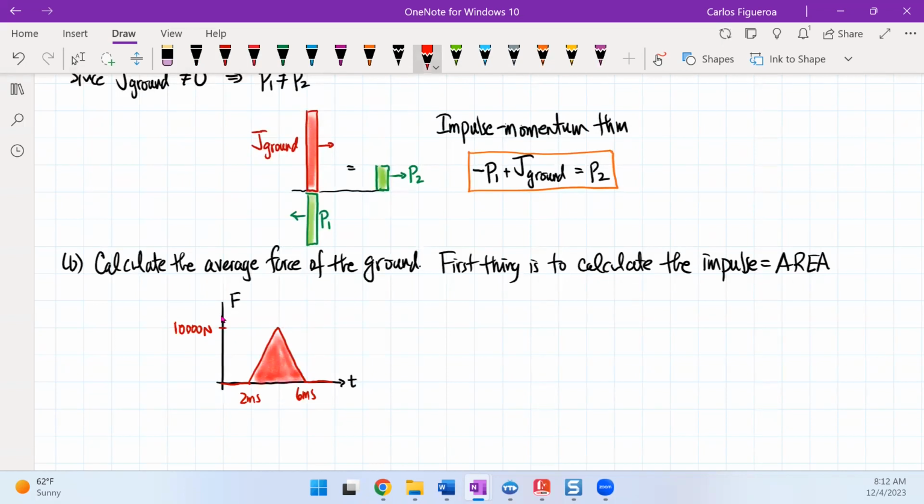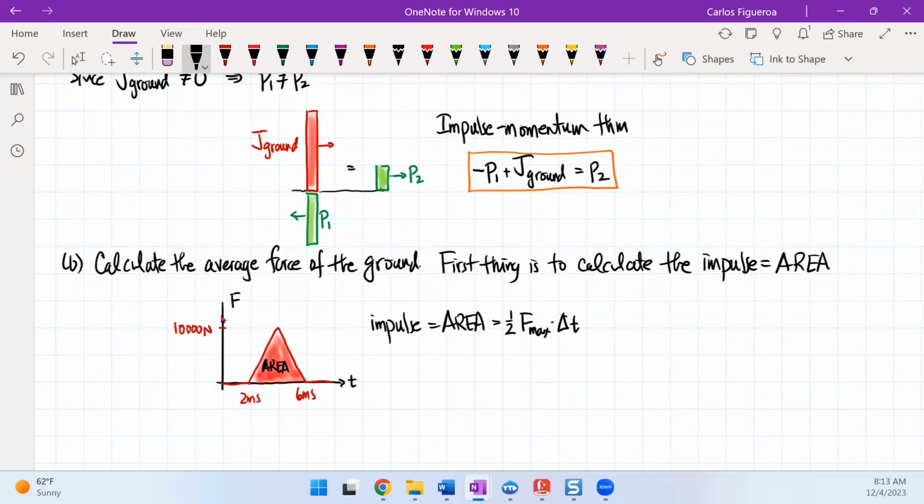So we need this area right here. When I look at this area, we could say that the impulse is the area. But the area of any triangle is 1/2 its height, in this case F max, times its width, which is time.